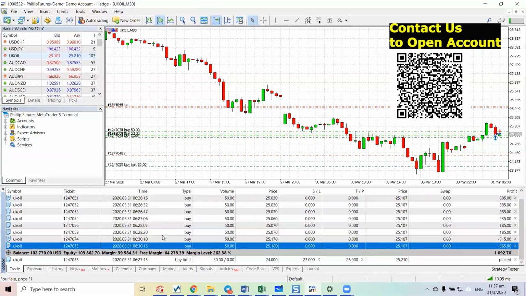Do they need to transfer in US dollars, or can they transfer in ringgit or other currency? Usually people transfer in US dollars, because MT5 is a US dollar denominated account. Any other currency that you transfer in will be auto converted to US dollars as well.